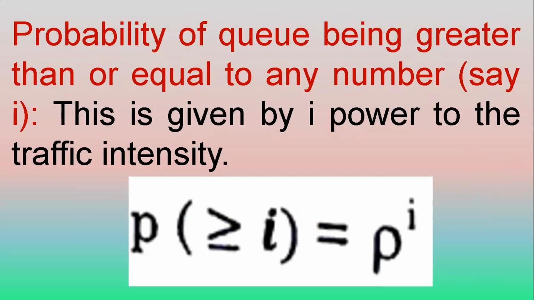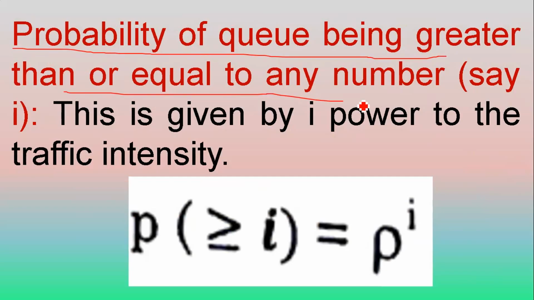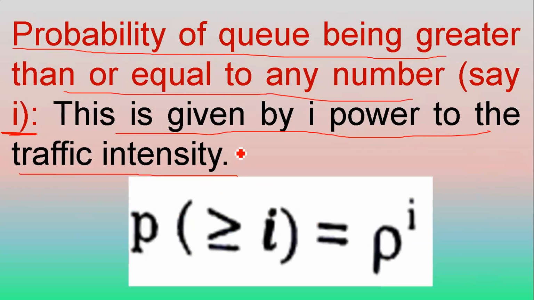After that, probability of Q being greater than or equal to any number, say I. Any number means, for example, I number. This is given by rho to the power I, the traffic intensity. Which probability is this? That is Q being greater than or equal to any number, means probability of a Q being greater than or equal to, for example, we are getting the number as 2, right?